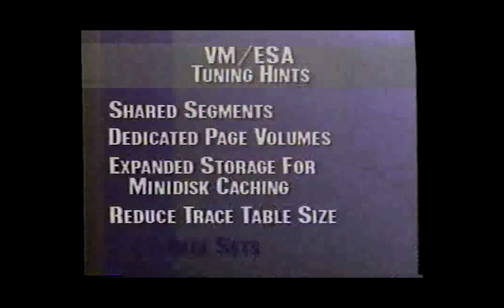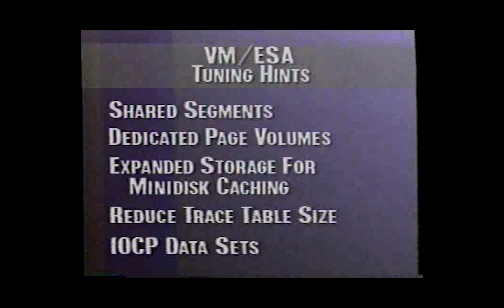In the area of IOCP data sets, in working with a lot of large customers that have many guest operating systems like VSE and have online databases like CICS, we've noticed that if they have incorrect IOCP data sets, it will cause increased overhead in the VM-ESA supervisor. Now, where the problem resides is in the way control unit parameters are defined.